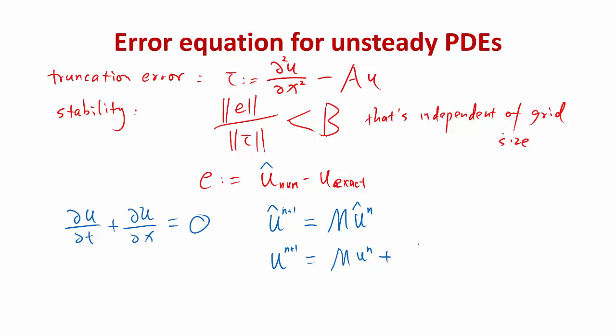This is satisfied only up to a truncation error, tau of n. And this tau of n contains truncation error both from the time discretization and spatial discretization, right? It contains tau from time and space discretization.